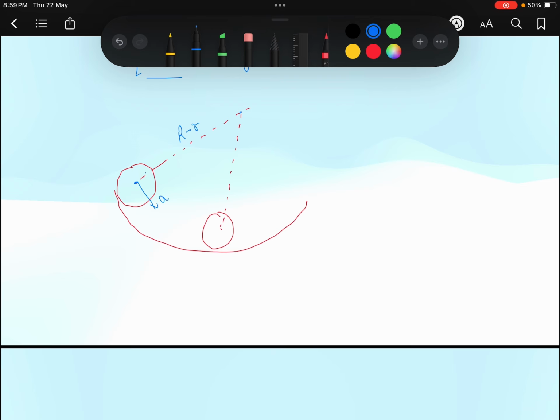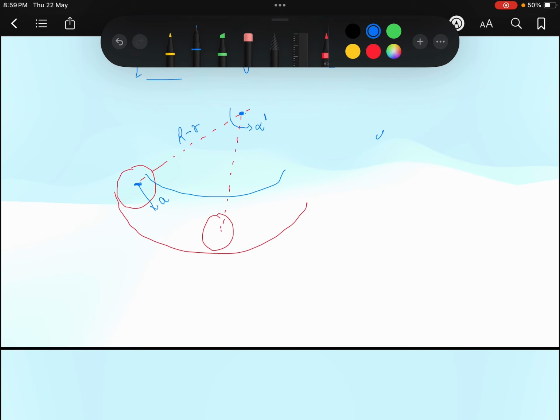Since this disk will do simple harmonic motion about the center of this ring, then we can clearly write that the angular acceleration alpha dash, means the angular acceleration of the disk about the center of ring, will be equal to acceleration a divided by capital R minus small r.